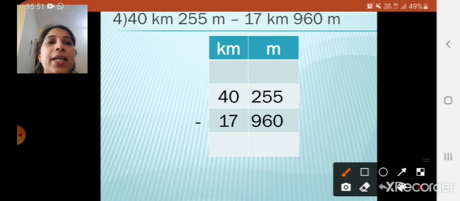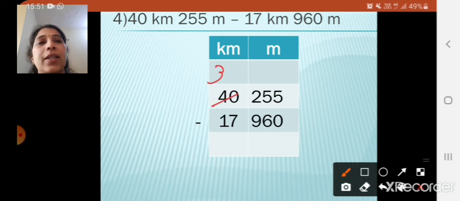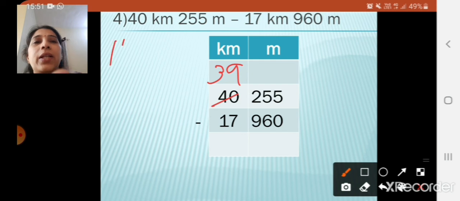255 minus 960. Now again you cannot subtract because it's a smaller number. So what you are going to do? You are going to borrow 1 from the kilometer column. So 40 minus 1 becomes how much, children? 39. Right? Now 1 kilometer is equal to how many meters, children?